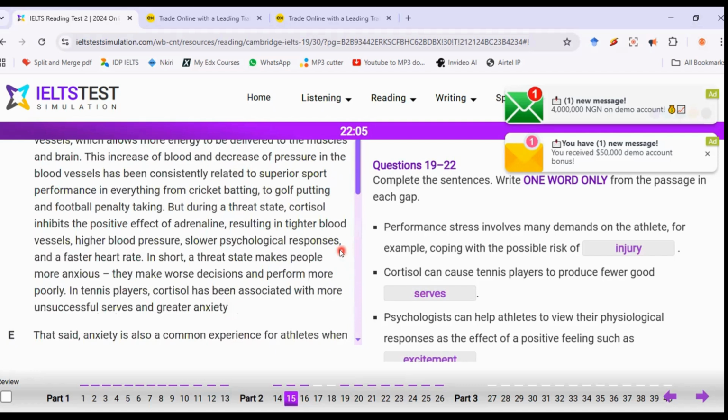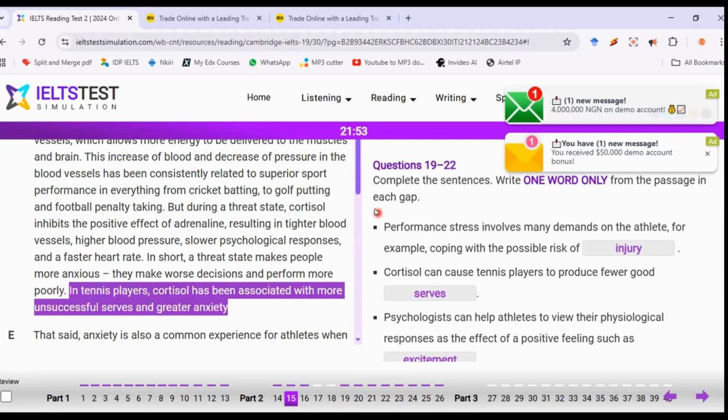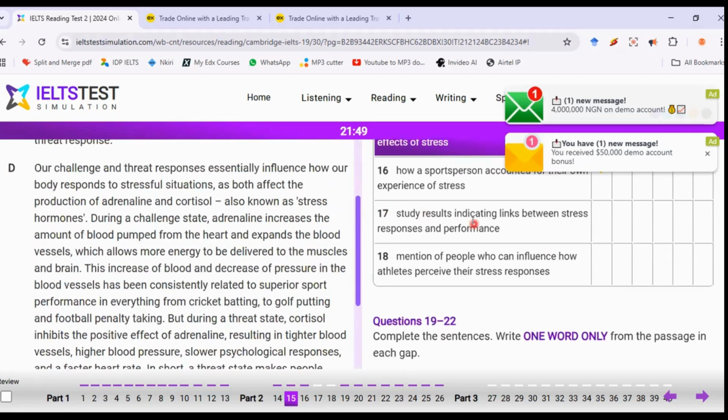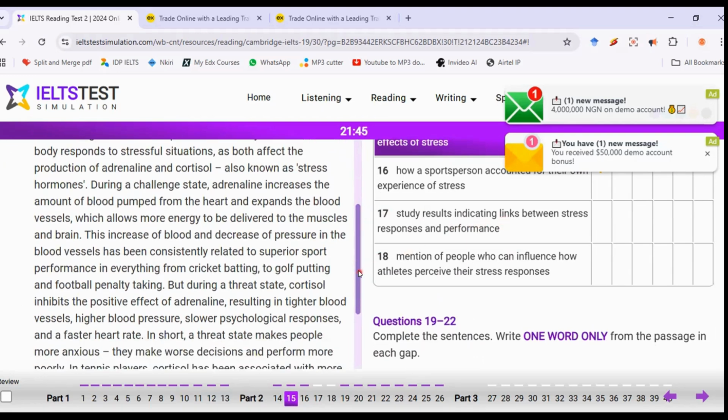I'm looking for that place where they mention tennis play. Okay, look at it. In tennis players, cortisol has been associated with more unsuccess. This statement is sounding like a study. Let me check that statement again. Study results link between stress responses and performance.